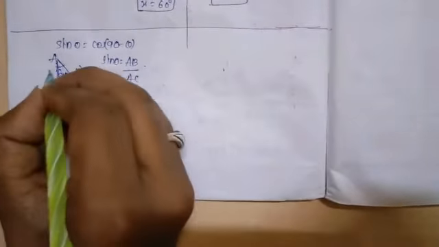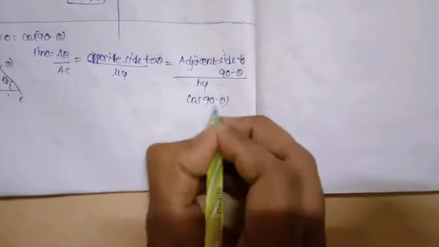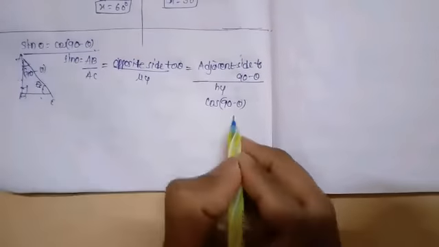So it is equal to the side opposite to theta by hypotenuse, which is also the side adjacent to 90 minus theta by hypotenuse. Adjacent to 90 minus theta means it is cos. So cos of 90 minus theta. So they asked us to prove this, and we have proved it.